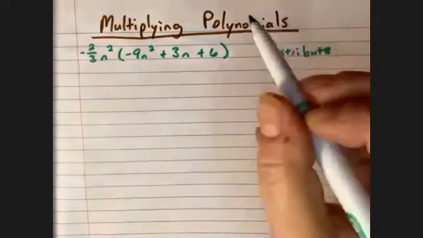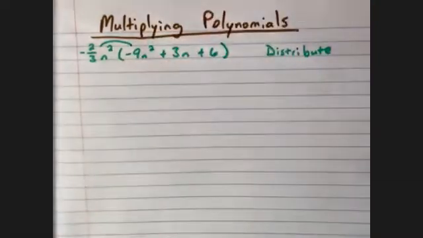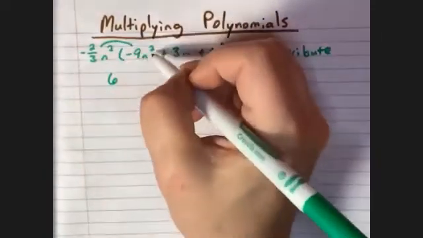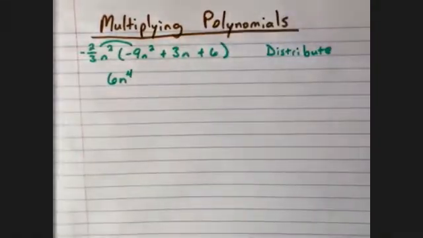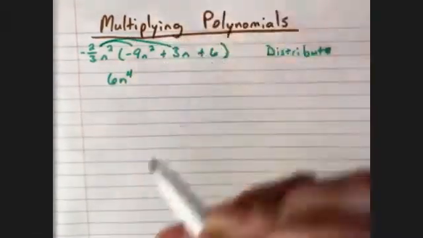So I'm going to go negative 2/3 n squared times negative 9n squared. Now the numbers are just numbers. You just multiply them, use a calculator, and you will get 6. N squared times n squared is n to the 4th. Now I do negative 2/3 n squared times 3n.